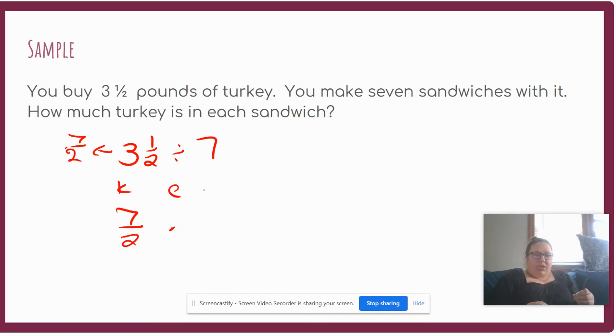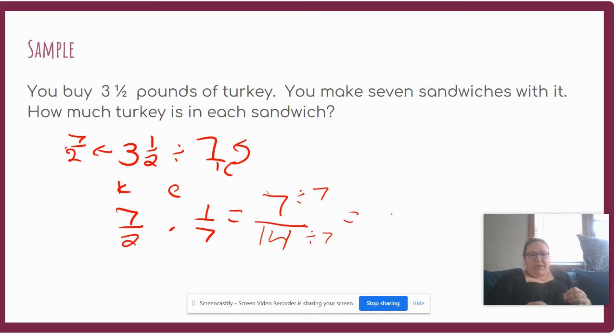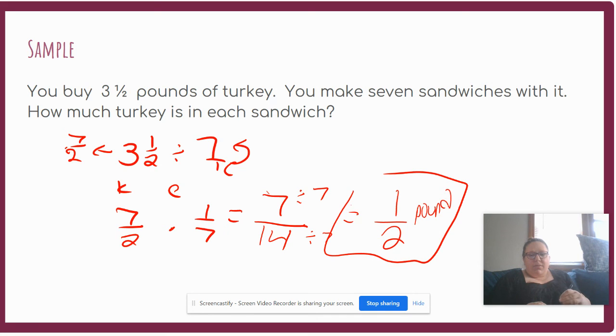Change to multiplication. Times 1/7 if I do my flip. 7 times 1 is 7. 2 times 7 is 14. And now 7 and 14 can both be divided by 7. 7 divided by 7 is 1. 14 divided by 7 is 2. So each sandwich has 1/2 pound.